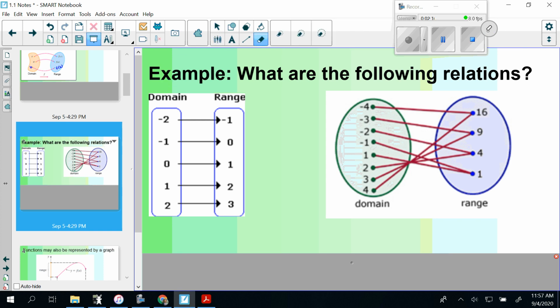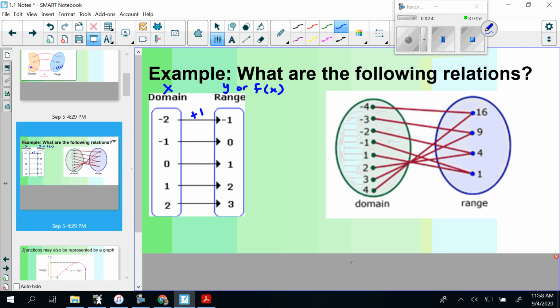And then our range, that's our output, our y or f of x values. How is this relation changing each time? Well, let's see if we can find a pattern. We've got -2 going to -1, -1 going to 0, 0 going to 1, 1 to 2. It looks like this function each time is adding 1.